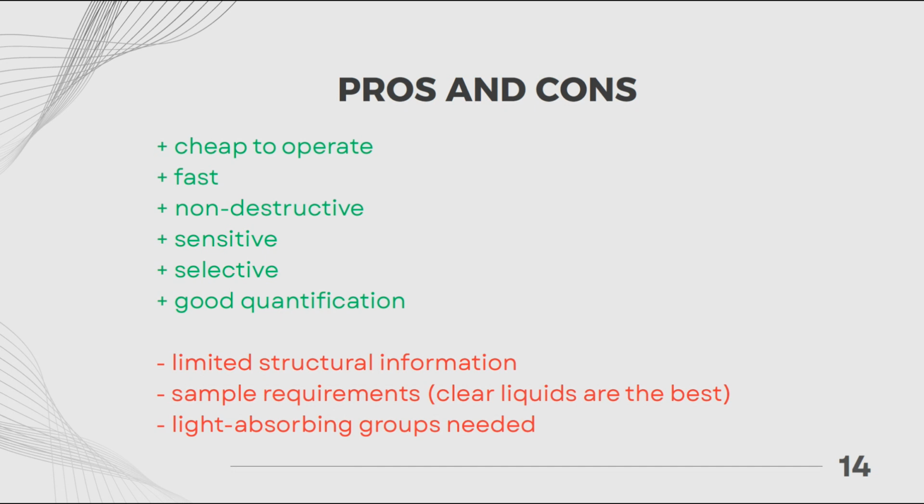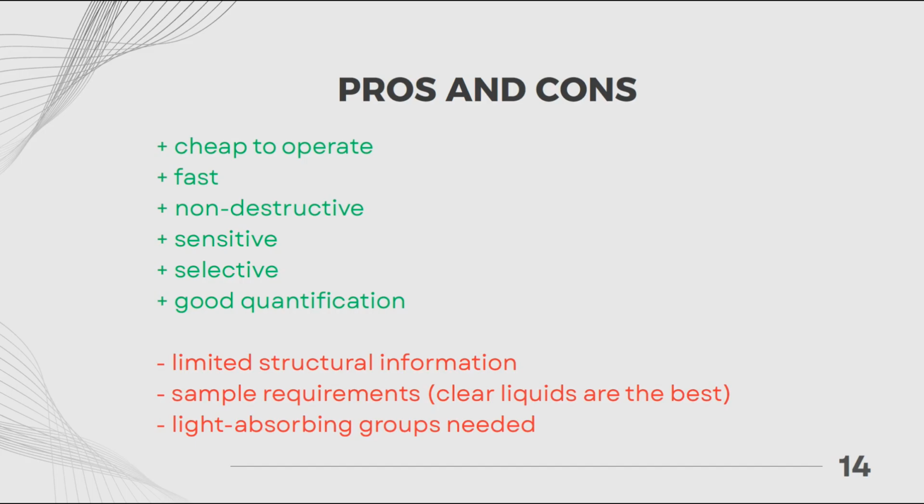When speaking about disadvantages of the method, you should understand that we are limited with the structural information. Actually, we gain no structural information at all, because if you do not have any library, you cannot say anything about the structure of the compound.